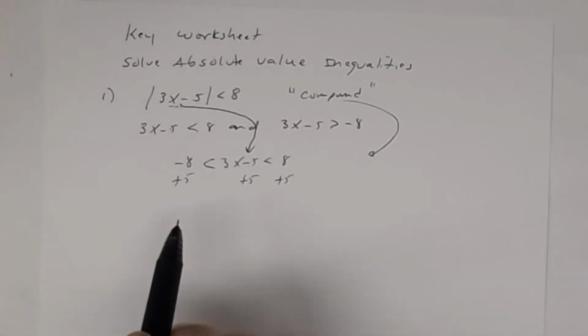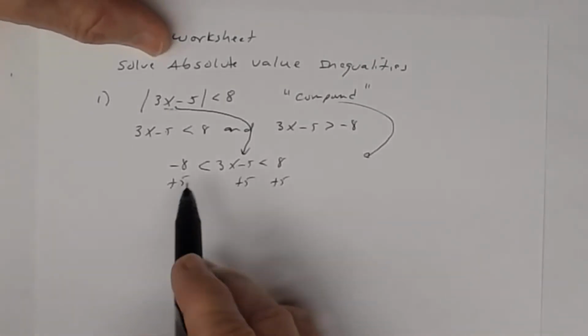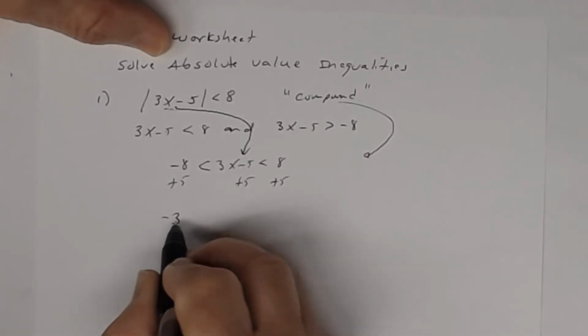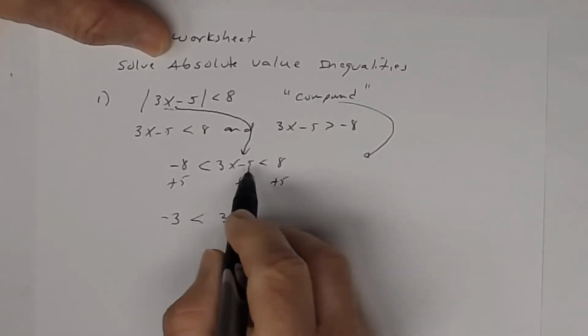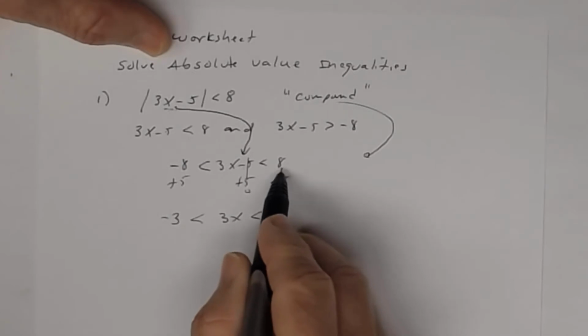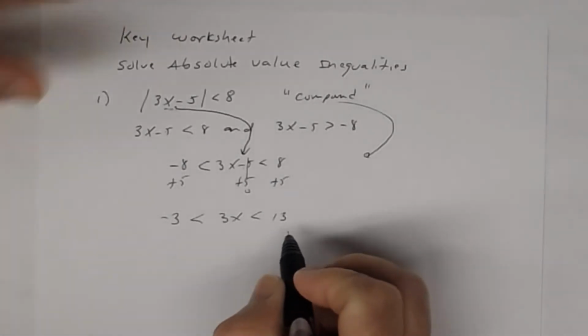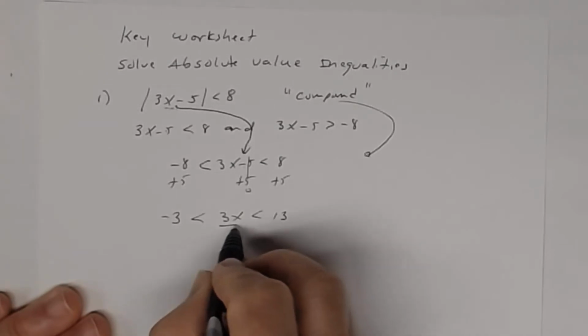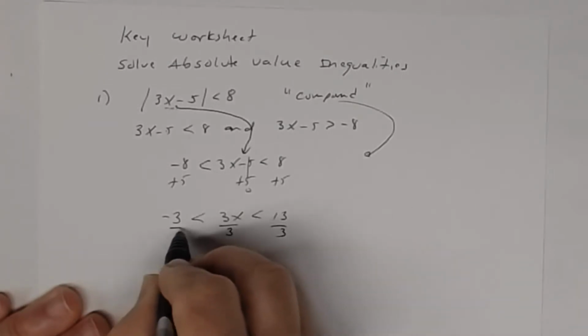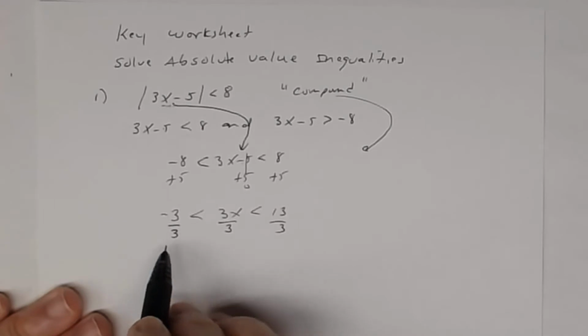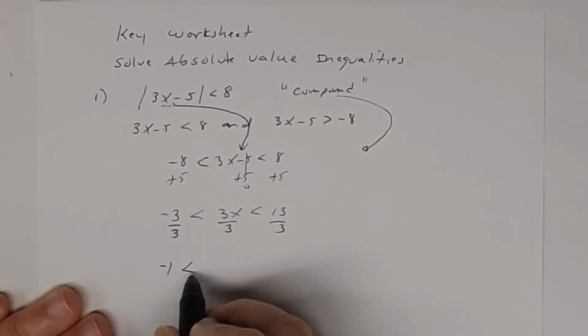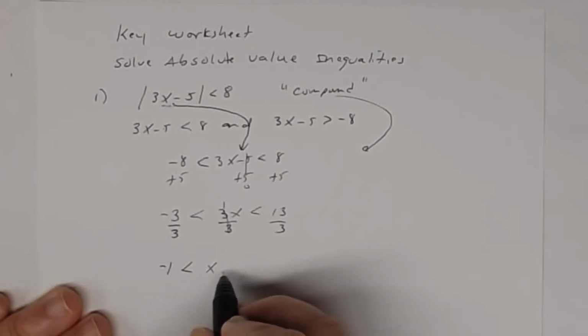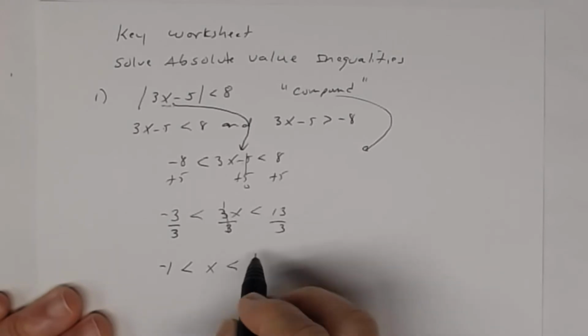When you add 5 to both sides, you get negative 8 plus 5, which is negative 3, is less than 3x, less than 8 plus 5 is 13. Then you're going to get x by itself, so you divide both sides by 3. Negative 3 divided by 3 is negative 1. It's less than x, which is less than 13 thirds.